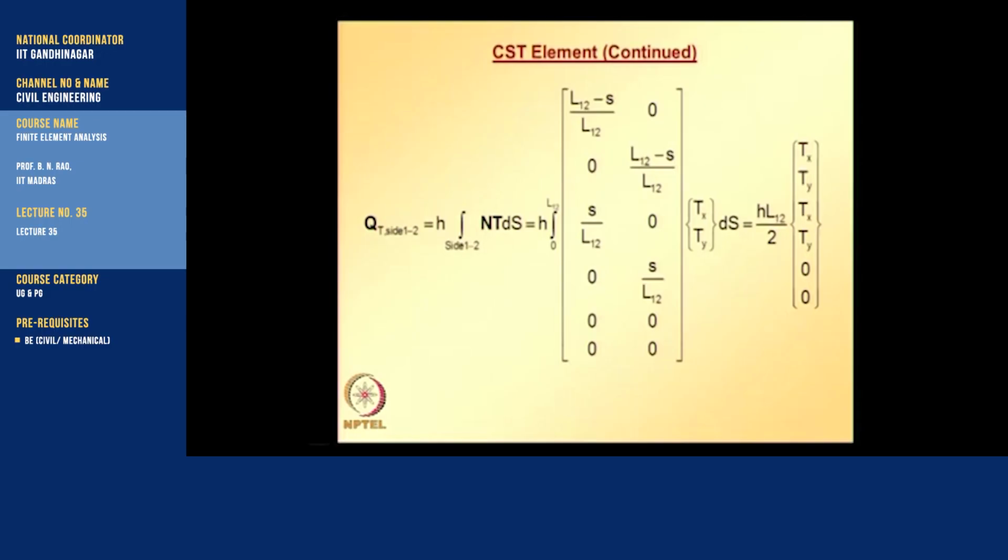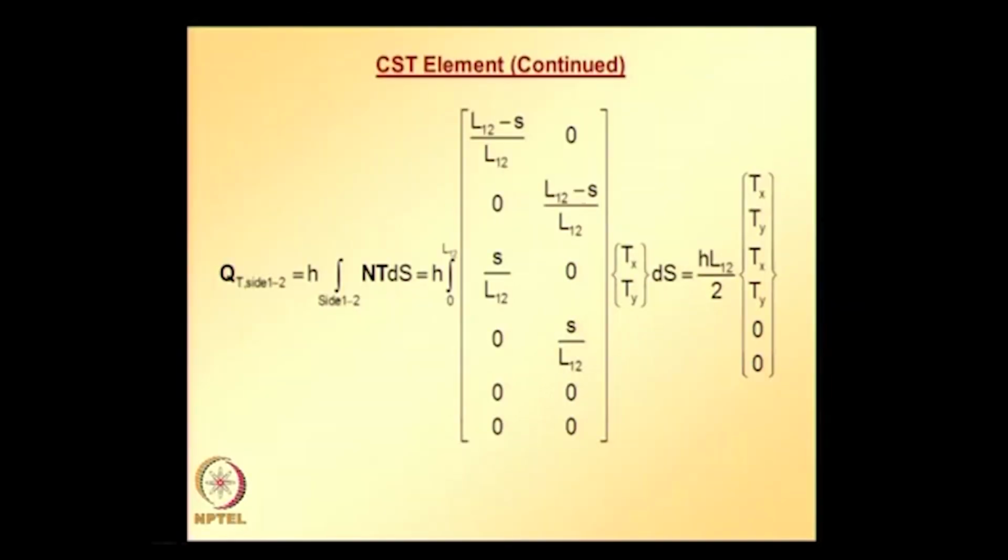So, integration can easily be carried out, because the functions appearing inside the integral are fairly simple. Finally, simplifying this, we get q as h L12 over 2 times a vector consisting of Tx Ty 0 0, and this is the equivalent nodal vector along side 1 2.